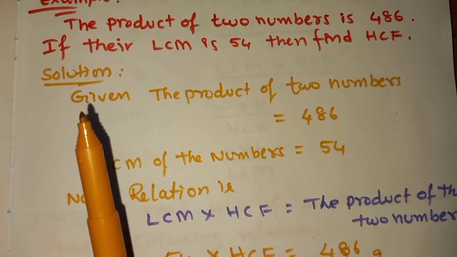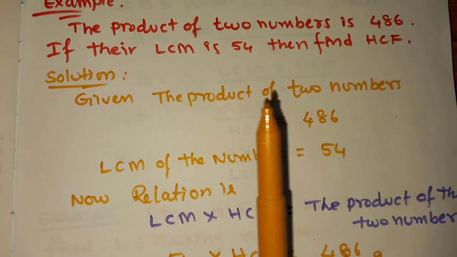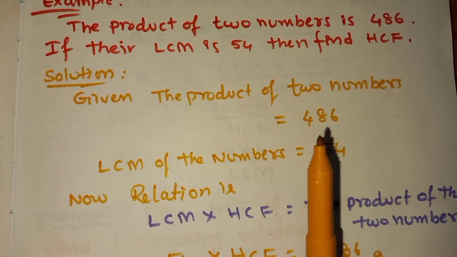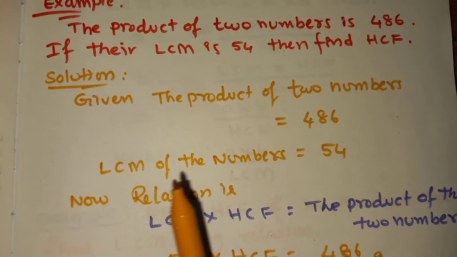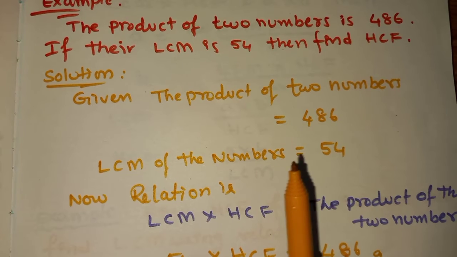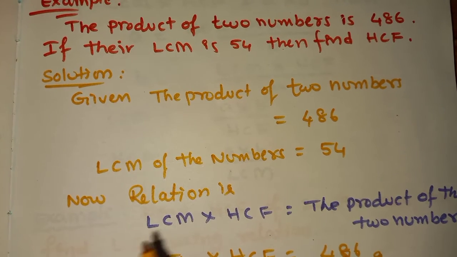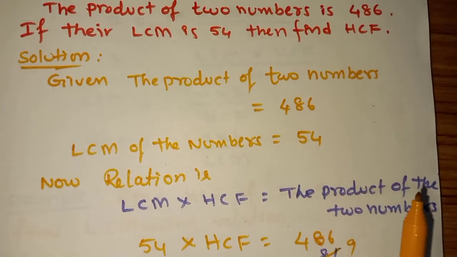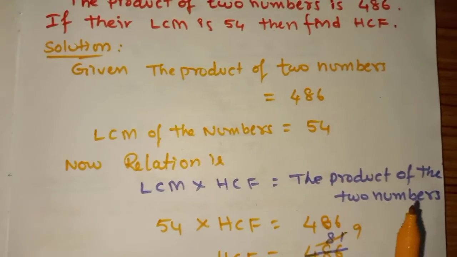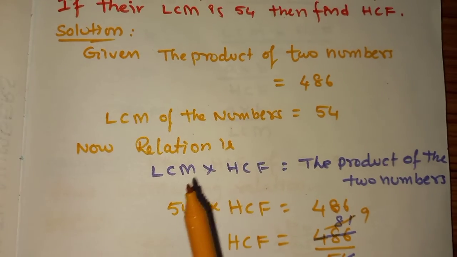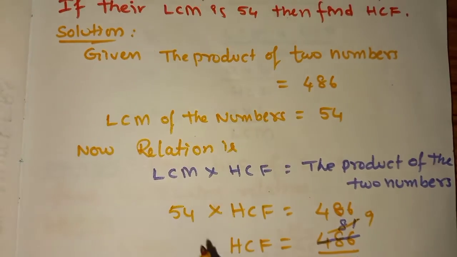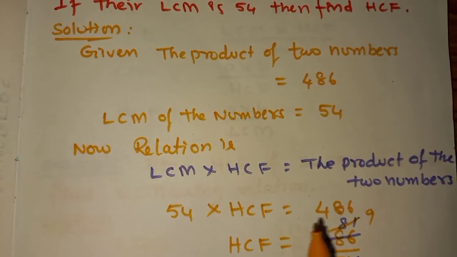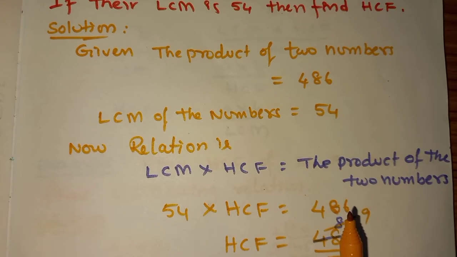So for the solution, given the product of two numbers is equal to 486, the LCM of the numbers is equal to 54. Now what is the relation? The product of LCM and HCF is equal to the product of the two numbers. Now the LCM given is 54, the HCF we need to find, and the product is 486.